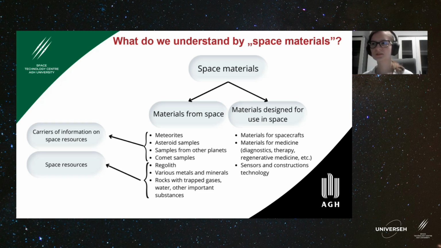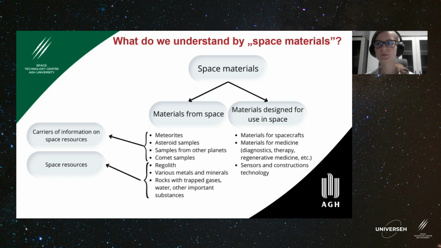For those that don't know, regolith is a sort of dust that covers the surface of the moon, of other planets, of comets. There is also regolith covering the surface of some places on Earth as well, because it's tiny dust particles that are created as a result of certain processes.